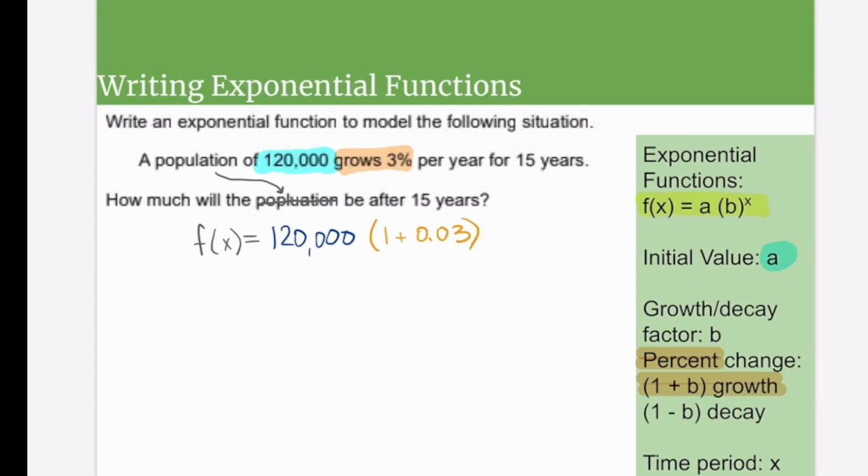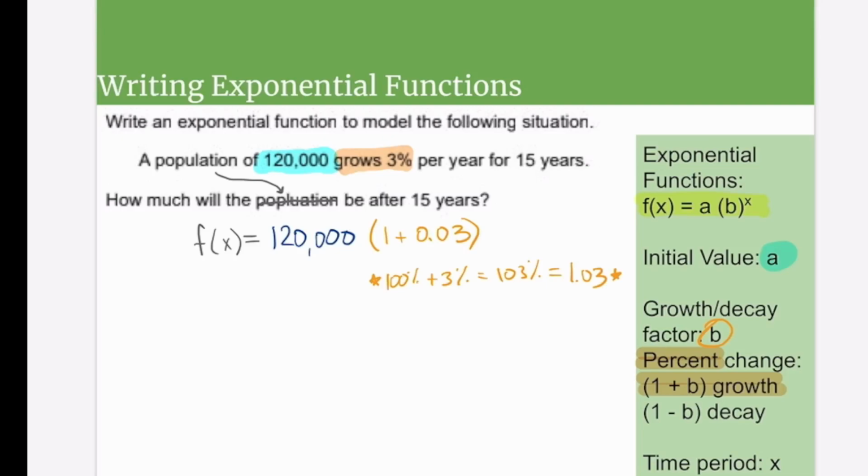So if it's growing 3%, what you're doing here is 100% plus 3%. So it's 103%. That's the growth or the decay factor that you're multiplying, and that's 1.03 total. That's what the base is going to simplify to.